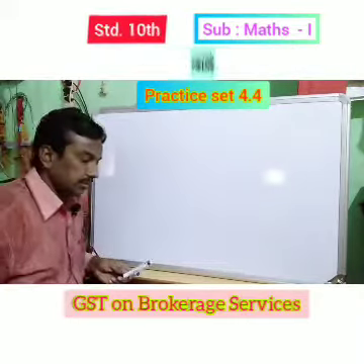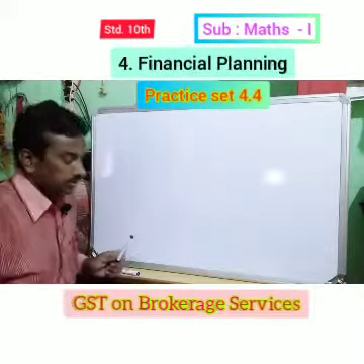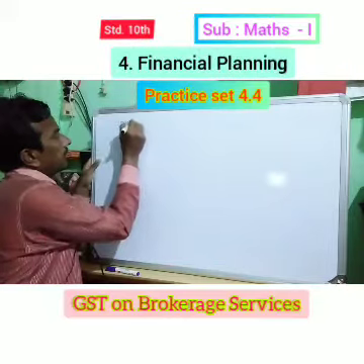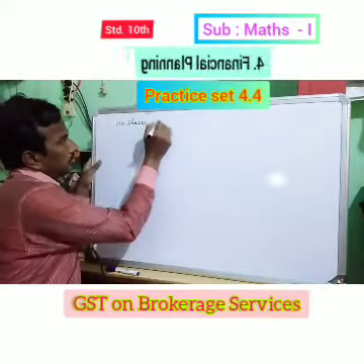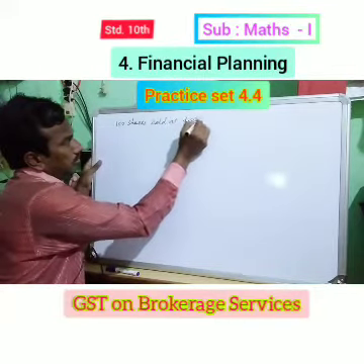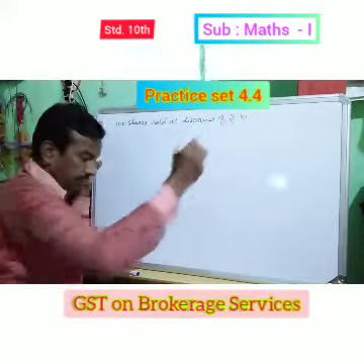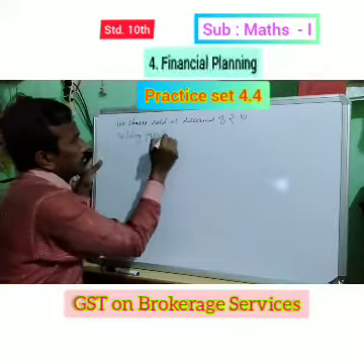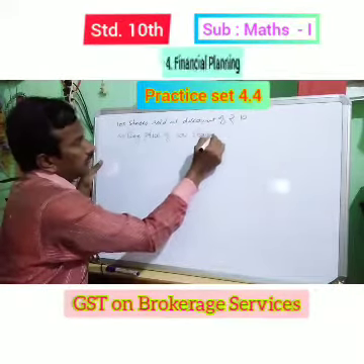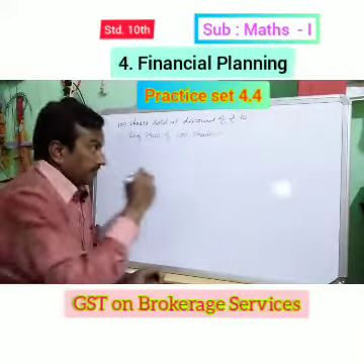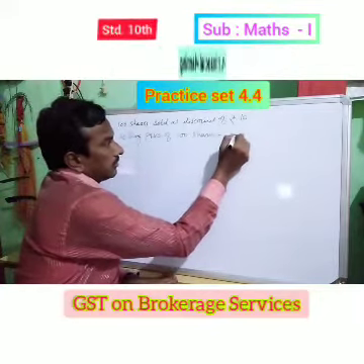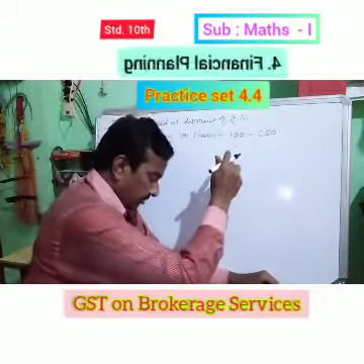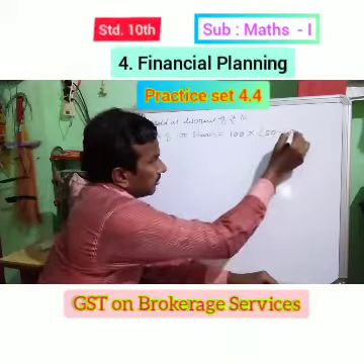Now 100 shares were sold at a discount of rupees 10 out of these 200 shares, and find out selling price of those shares. 100 shares sold at a discount of rupees 10, means selling price of these 100 shares is 100 into 50 minus 10.